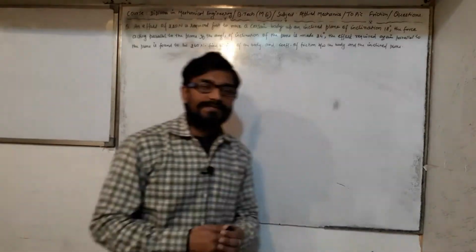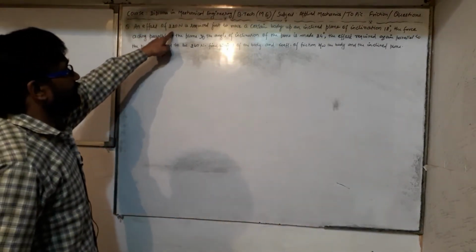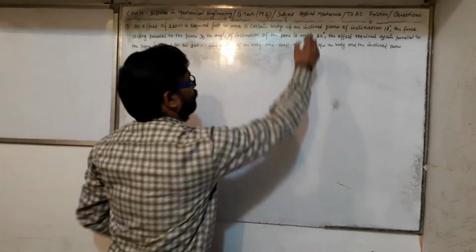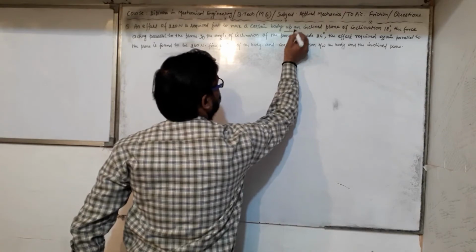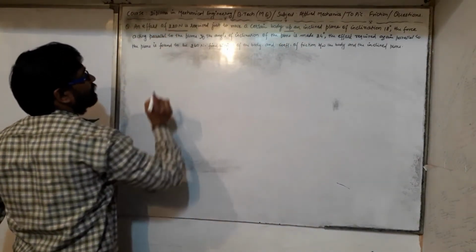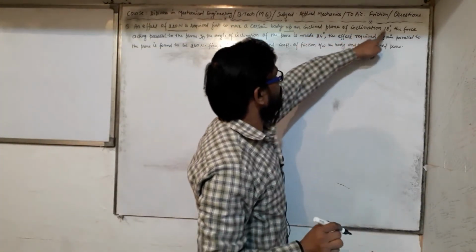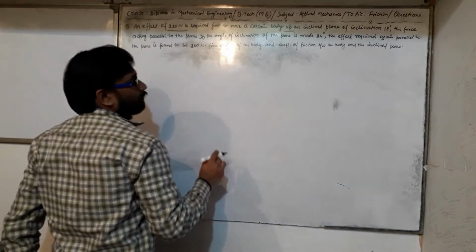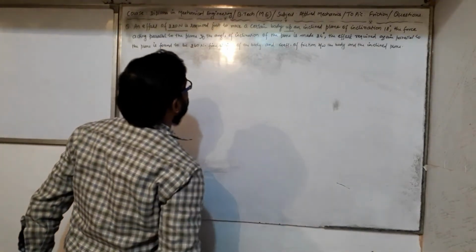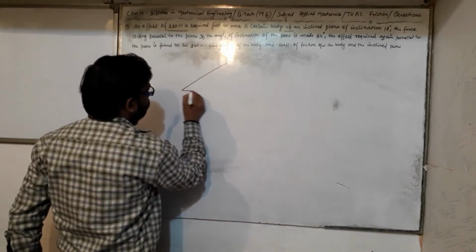So next question. The question says an effort of 220 Newton is required just to move a certain body up, meaning the tendency of the body is to move up when an effort of 220 Newton is applied, on an inclined plane of inclination 18 degrees. I'm going to draw a figure simultaneously so that each and every word of the sentence is clear. There is an inclined plane.